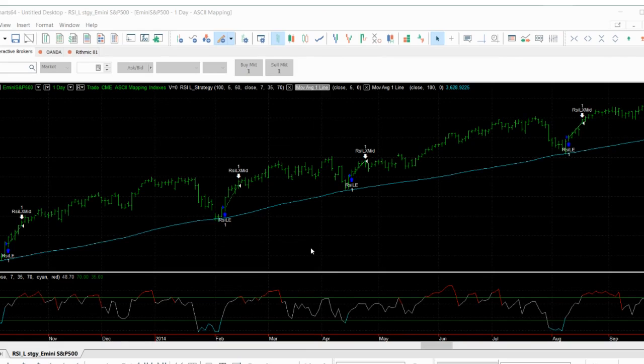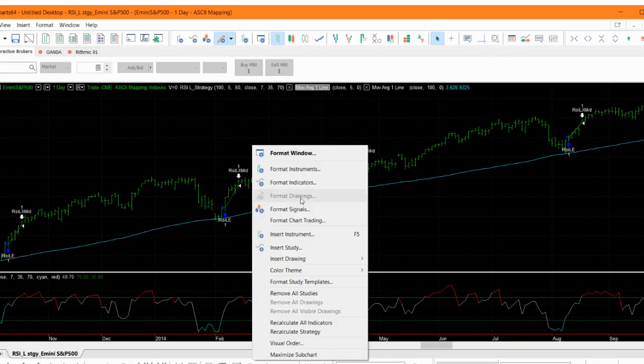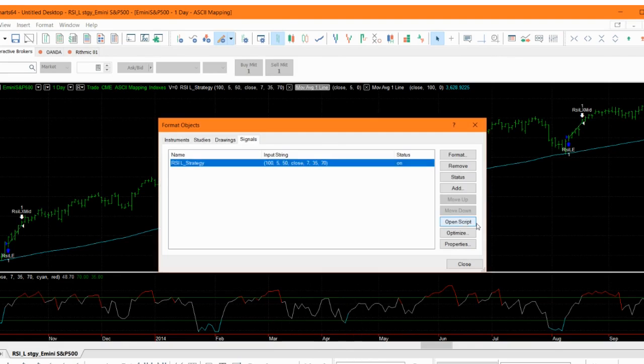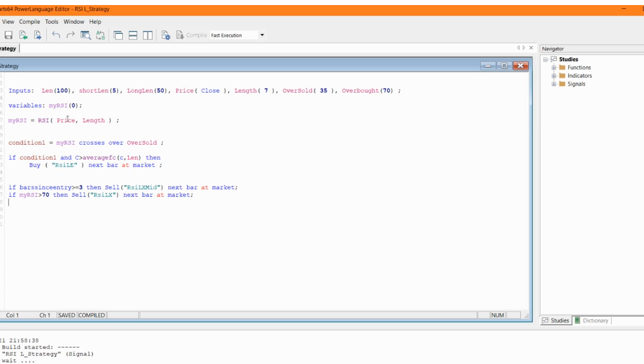Let me now show you how the strategy is coded and how it is applied onto the chart. This is the code I have written. Here the main condition is when RSI crosses over oversold. Please note, I'm not entering when RSI is at the oversold position. It enters only when RSI crosses over oversold.